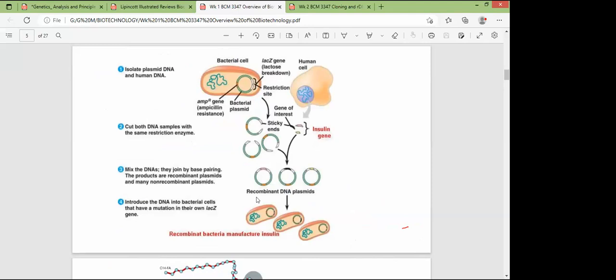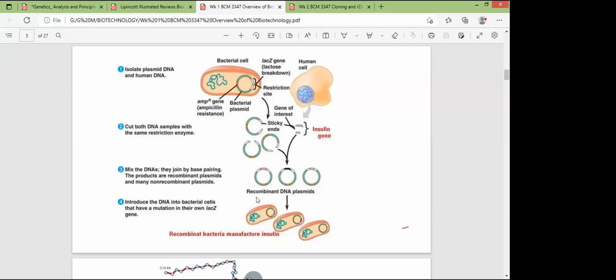Now, the restriction enzyme is what we use to cut. Imagine we have your DNA. The restriction enzyme is what we will use to cut the part we need. So that tells us the restriction enzyme has to be specific. It's not one restriction enzyme fits all.